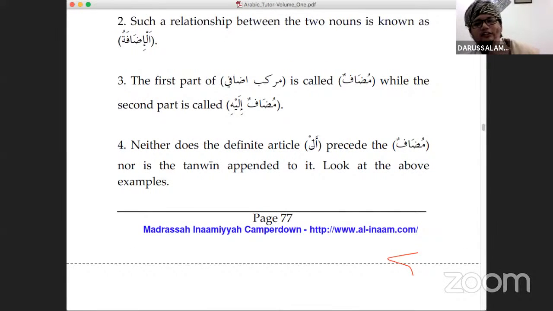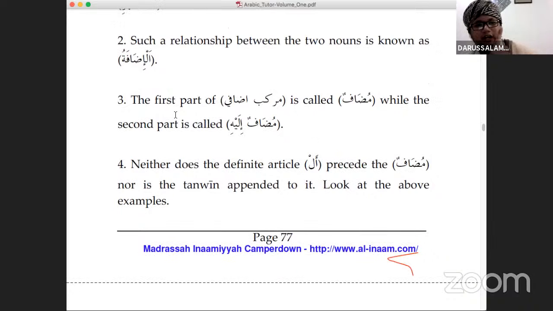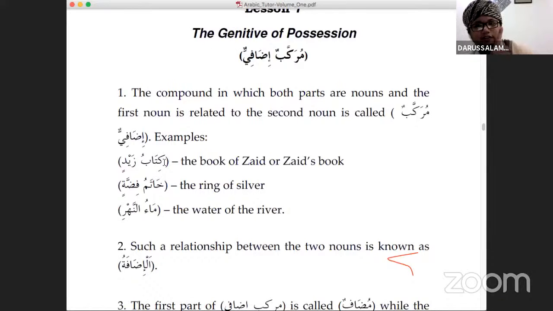That is wrong. That is not called a murakkab idafi. You cannot have al in front of the mudaf, the first part. So Al Kitab Zaid will be wrong. Al Khatam Fiddah will be wrong. Al Ma An Nahar will be wrong. Okay, understand? So for murakkab idafi, the first part, the mudaf, cannot have al, alif lam.